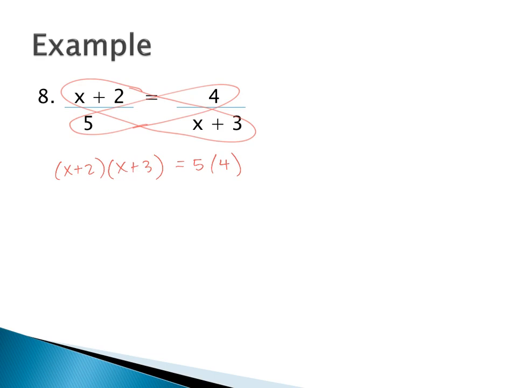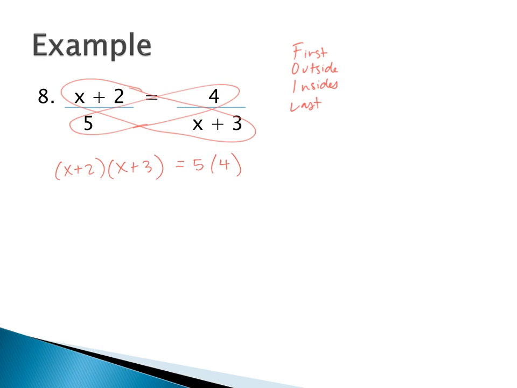We have x plus 2 times x plus 3. We have to multiply two binomials. This is what we reviewed yesterday. Remember, you're going to have to use FOIL here. FOIL stands for firsts, outsides, insides, lasts. Or you could use the box method.